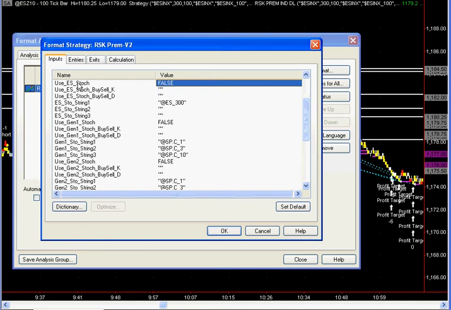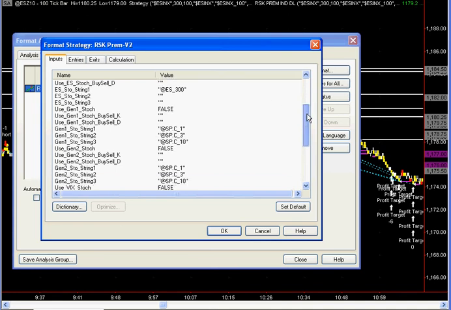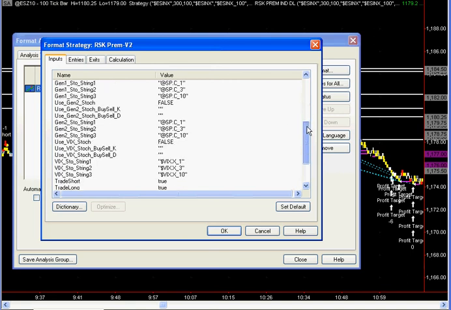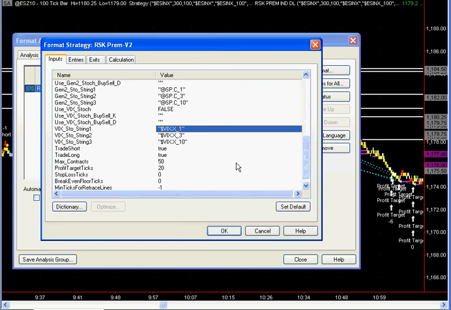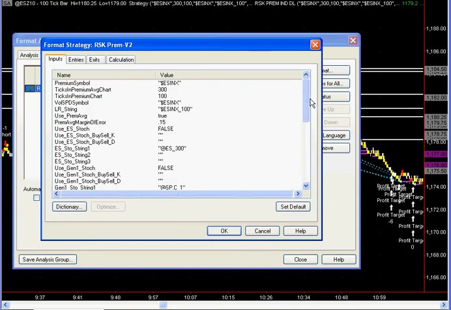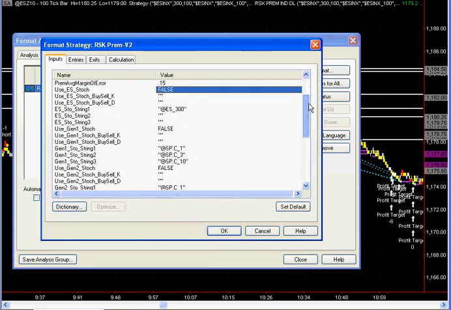We use stochastics on fast ES tick intervals as well as slow SPC intervals, and we use combinations of the overbought oversold zones as well as the slow K crossover from slow D. And we also put the VIX in here for reference to that data feed. But today, as you can see, we are not making use of any stochastics at all.